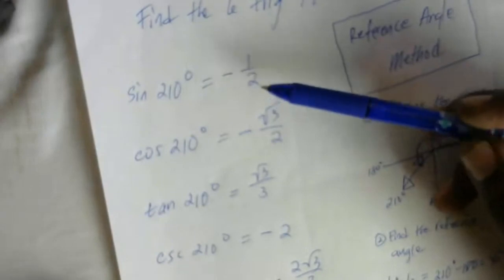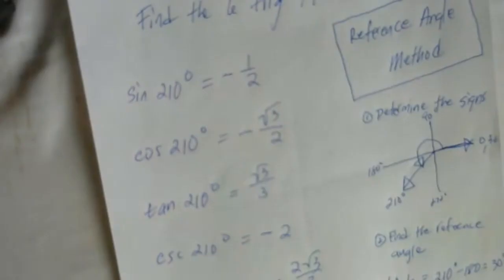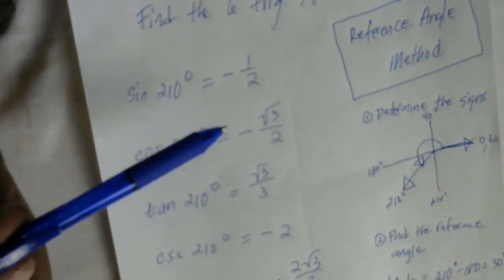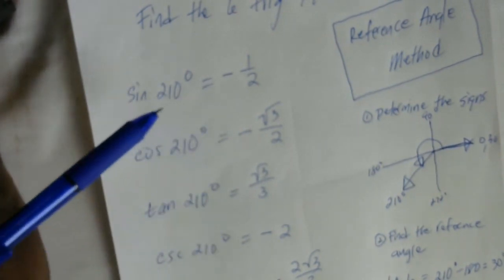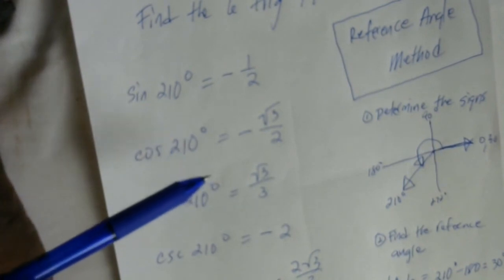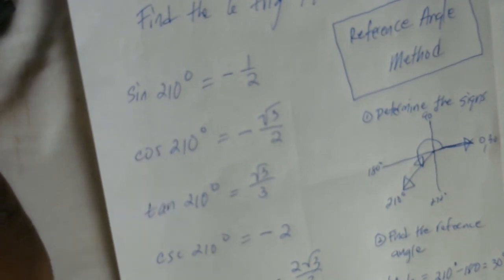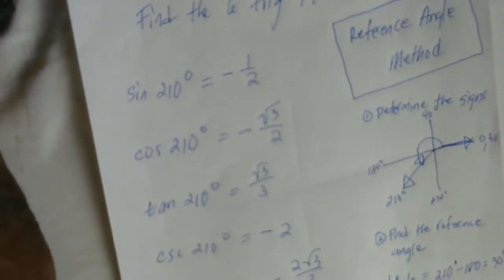I don't know if I can fit all of this on one screen or not, but notice I simply took the values for that reference angle as the values for this angle. The difference is the sign. So that's the first method.